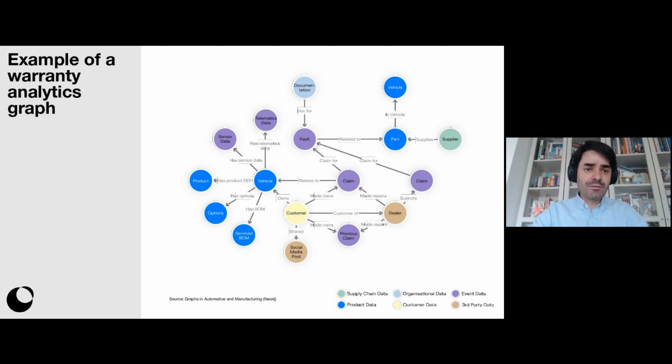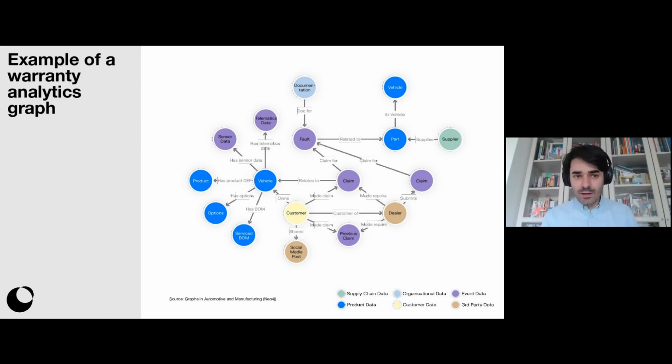And this graph can be used in a number of ways. So for example, it can be used to identify if there's a faulty component and many vehicles are impacted by that, or many vehicles have that specific component. Or you may want to know what are the suppliers providing a part that is oftentimes identified as faulty, to identify the potential root cause of a lot of claims.